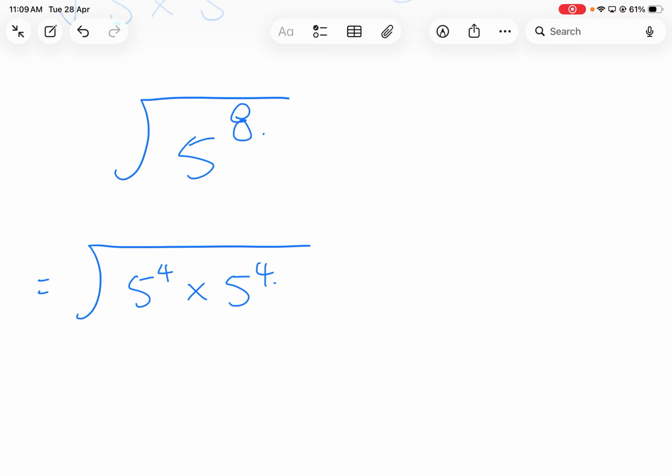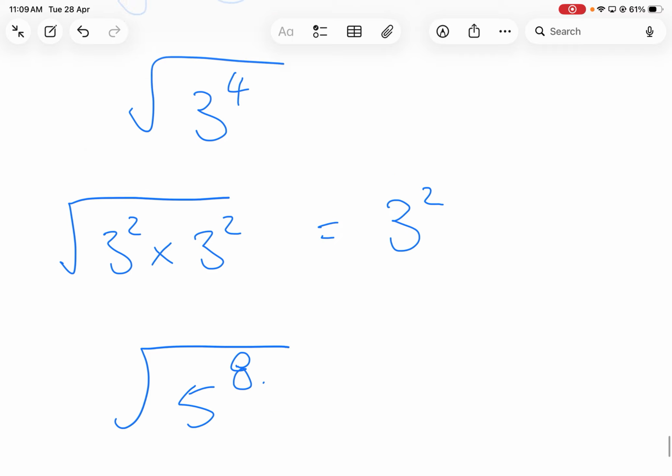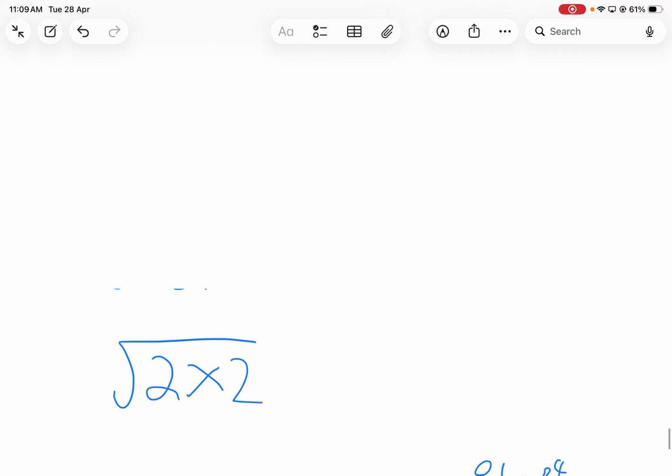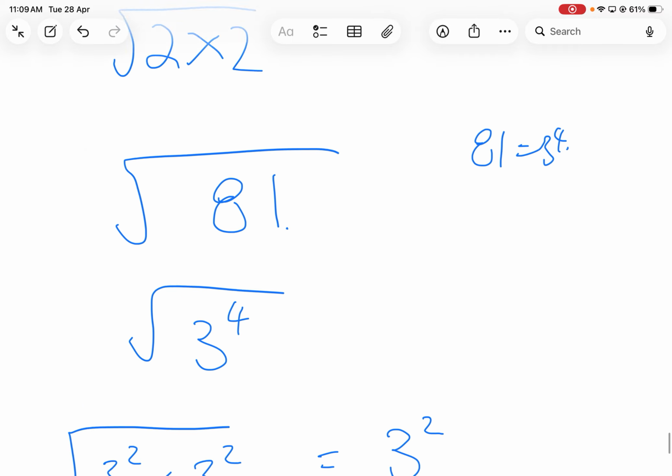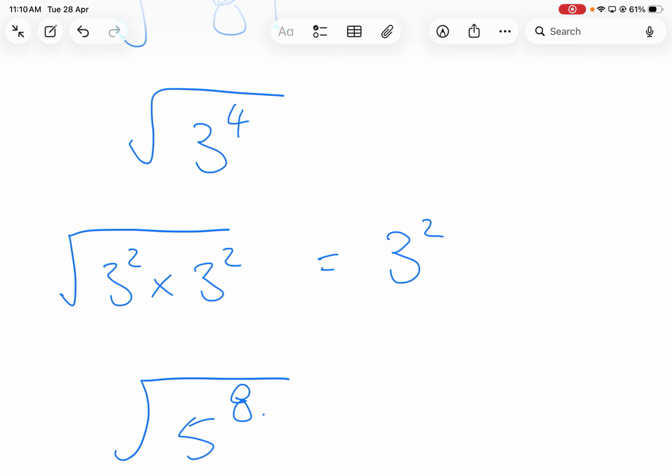Okay? So, every time, can you see that when I take the square root, what is the result? 3 to the power of 4, because I split it, square root already becomes 3 to the power of 2.